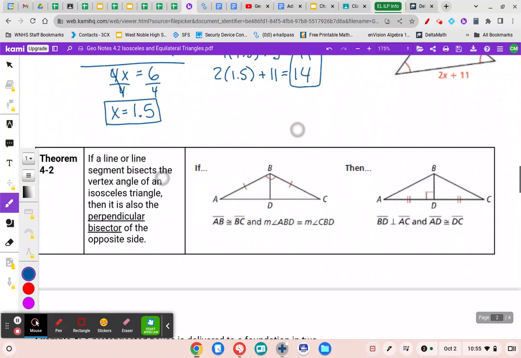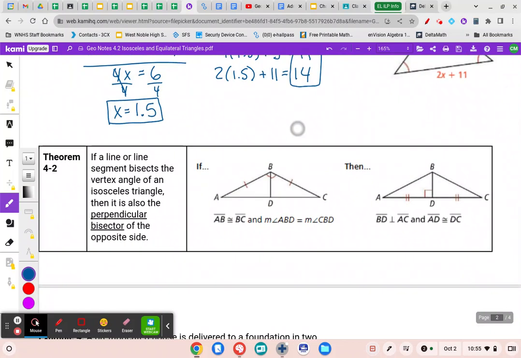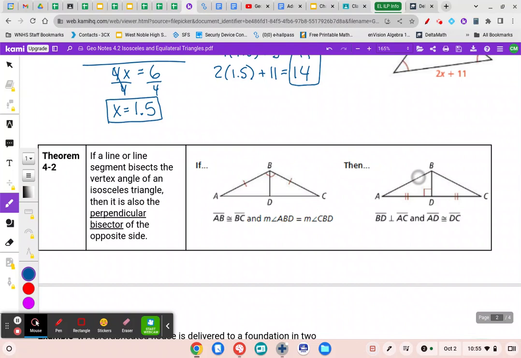Theorem 4.2 is our next one. If a line or a line segment bisects the vertex angle of an isosceles triangle, then it is also the perpendicular bisector of the opposite side. So recall perpendicular bisector, it crosses at 90 degrees.